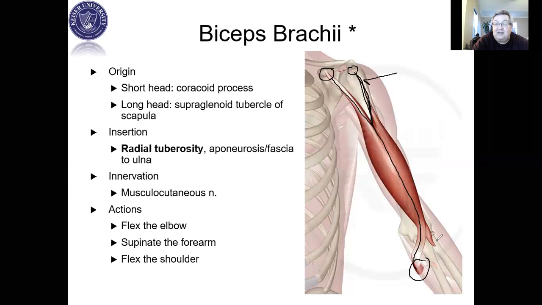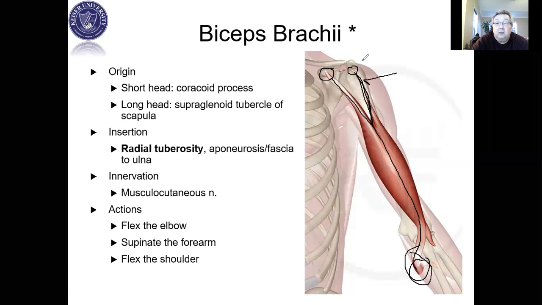A piece of it is on the ulna, but its primary insertion is the radial tuberosity, and I have it highlighted on this slide. It's very important. So its insertion is on the radial tuberosity of the radius bone of the forearm.